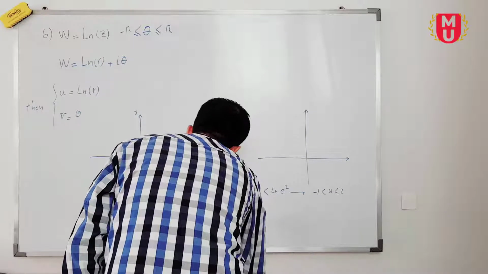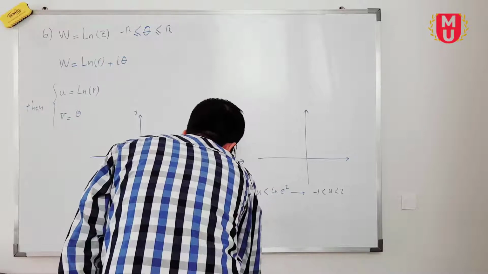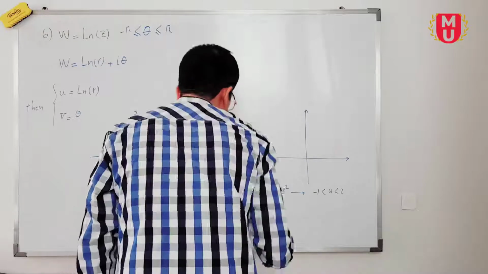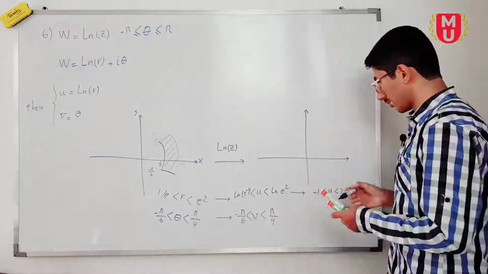And v equals minus pi over 6 and pi over 4.